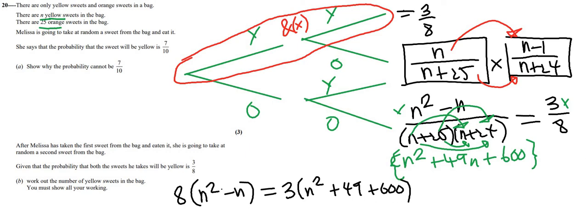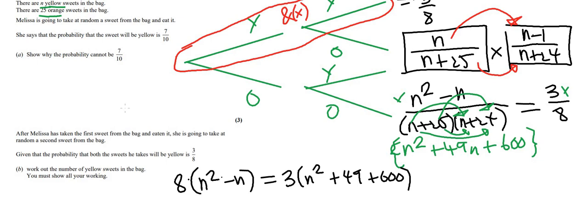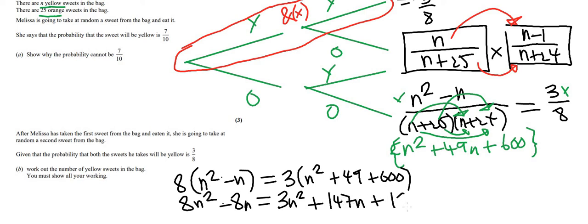Remember, the whole idea is trying to find how many yellow sweets there are, and the number of yellow sweets is n. We'll expand these out. We get 8n squared minus 8n, which is equal to 3n squared plus 147n plus 1800.